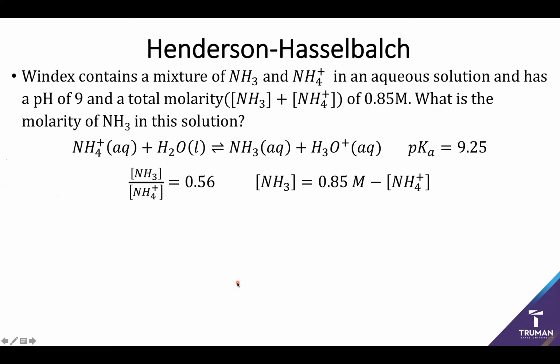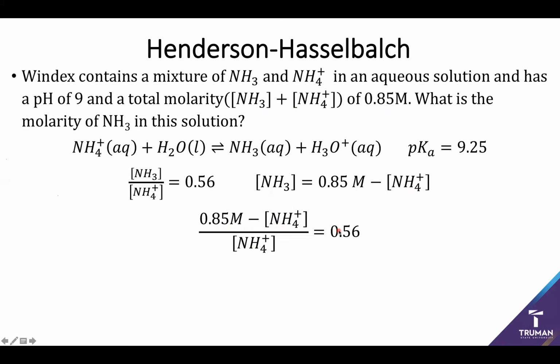This only gets me so far. So I can use the second piece of information, that the combined molarity of ammonia and ammonium should be 0.85 molar, which means the ammonia concentration should just be 0.85 minus the ammonium. I can insert that back into my ratio, so my ratio is 0.85 minus ammonium over ammonium equals 0.56.